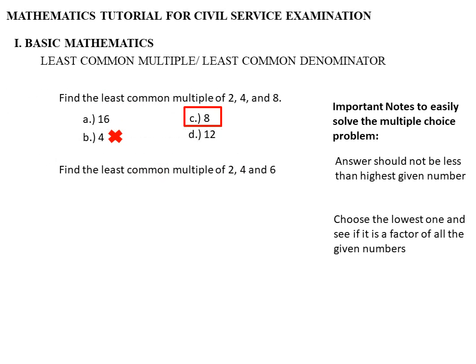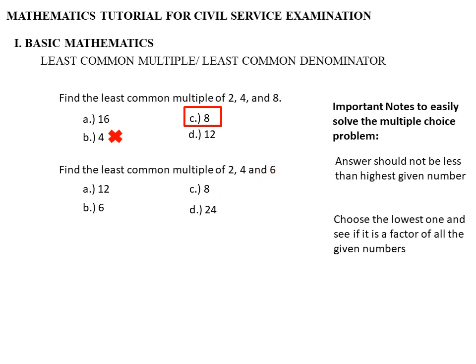Okay, let's try another example. Find the least common multiple of 2, 4, and 6. These are the choices. Again, the answer should not be less than the highest given number. The highest given number is 6, so we cannot eliminate any choice; these are all equal to or higher than the highest number.